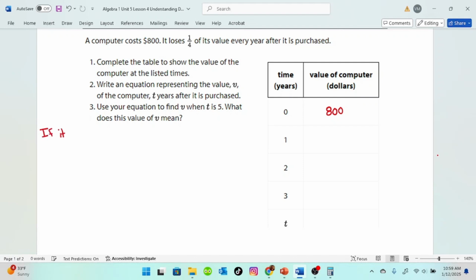If it loses 1/4 of its value, then it keeps 3/4 of its value.